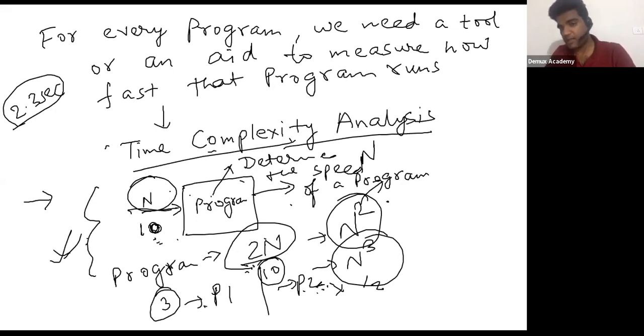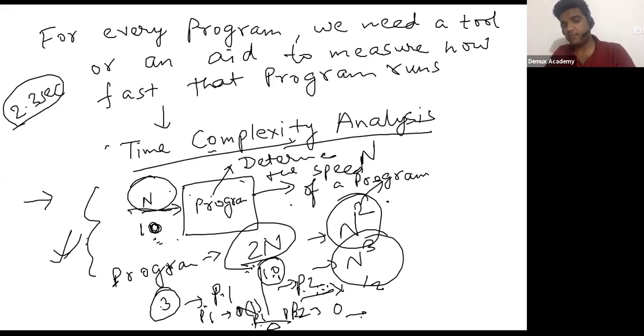But that's not a fair comparison, because P2 had an input of a larger size. So we want to quantify the time that P1 takes in terms of the size of its input, and P2 also in terms of the size of its input, and then it will be a fairer metric. Then we can actually compare P1 and P2 on a scale.